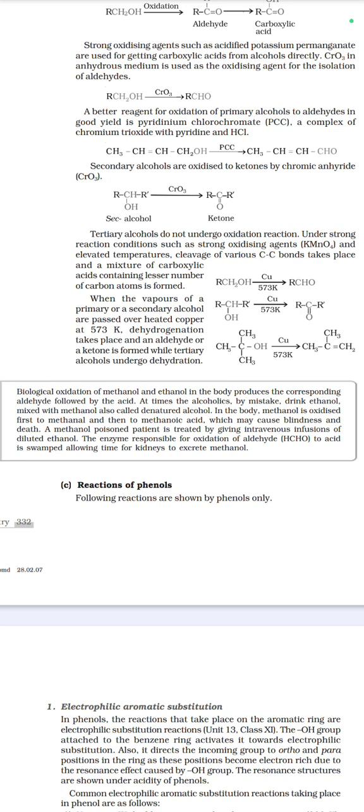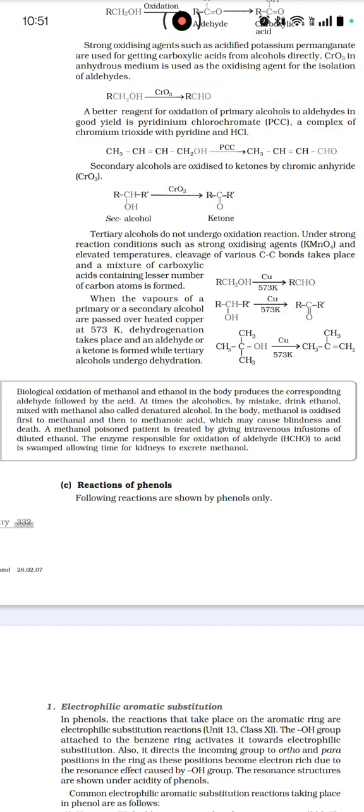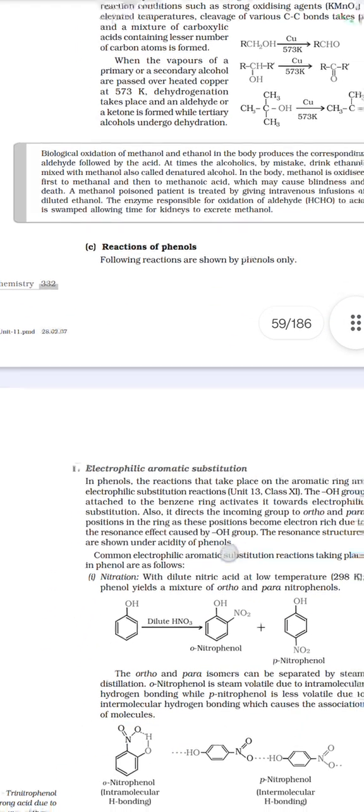A methanol-poisoned patient is treated by giving intravenous infusions of diluted ethanol. The enzyme responsible for oxidation of aldehyde is swamped, allowing time for the kidney to excrete methanol.